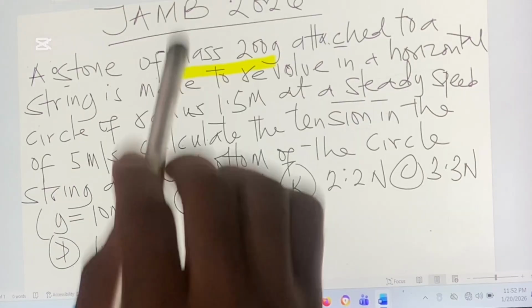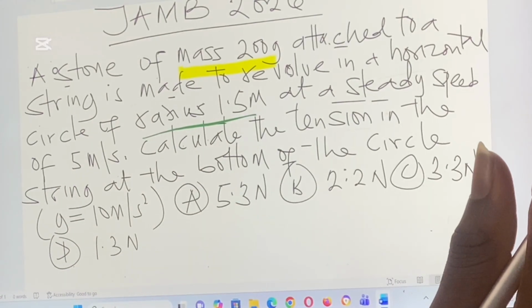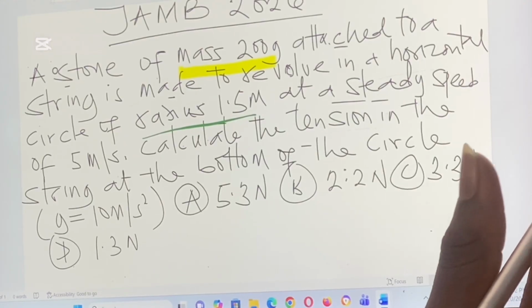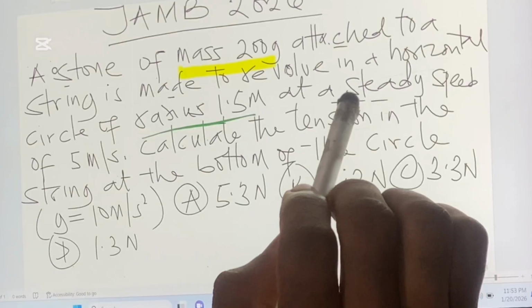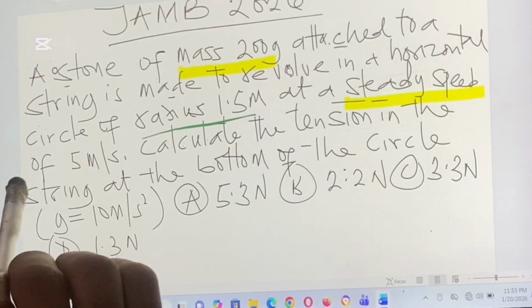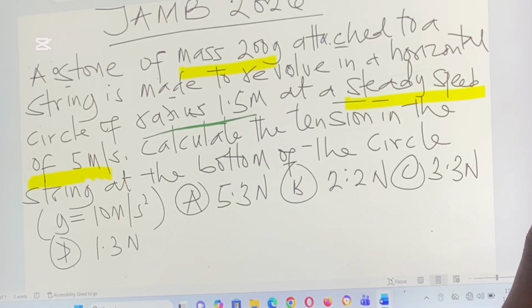The radius given to us here, class, is 1.5 meters at a steady speed of, the speed or velocity given to us here is 5 meter per second, okay?